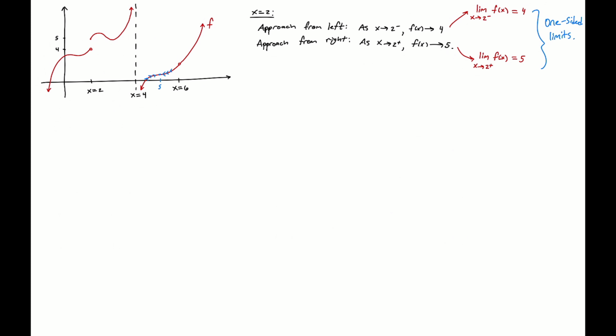So they disagree, and the limit as x goes to 2 of f does not exist. We always just write DNE instead of writing out does not exist. DNE is a very important abbreviation.